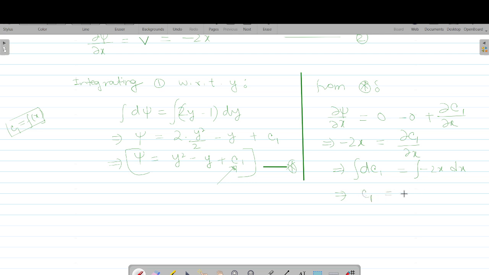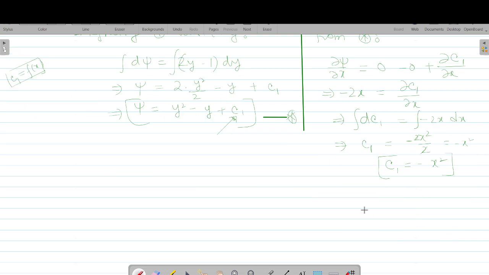And it will be equal to negative x square upon 2, here plus 2, so the 2 will get cancelled, and I will be left with only negative x square. So from here I have found the value of c1 as negative x square, right?